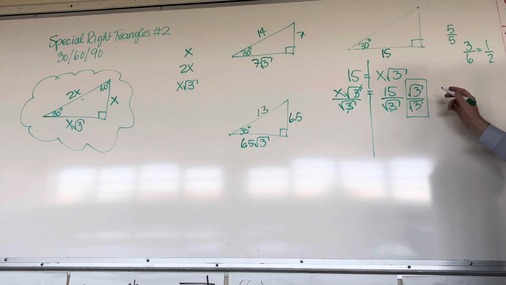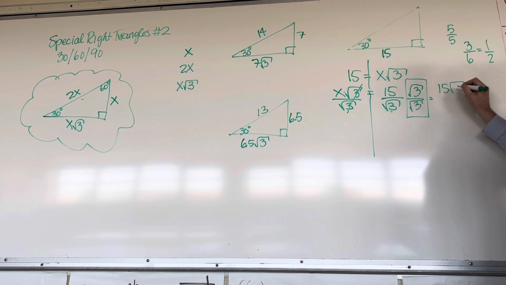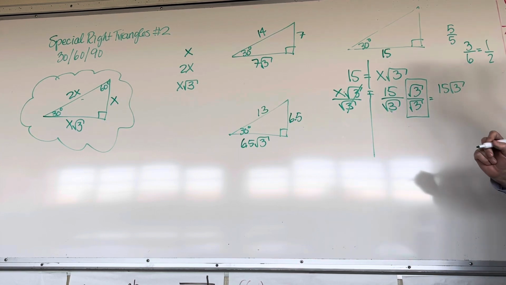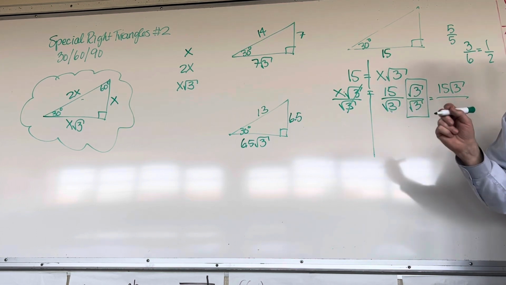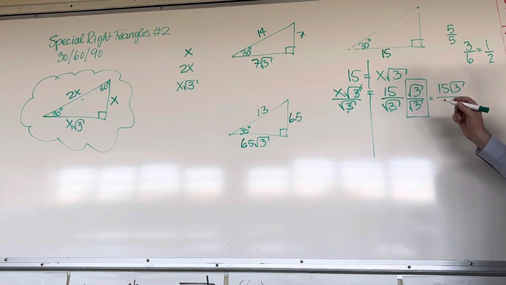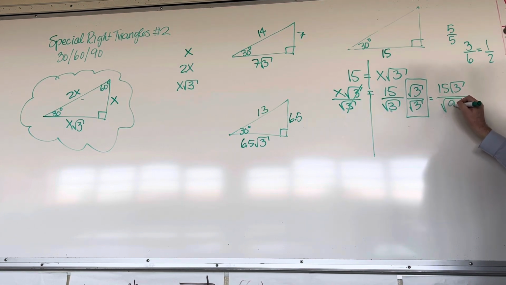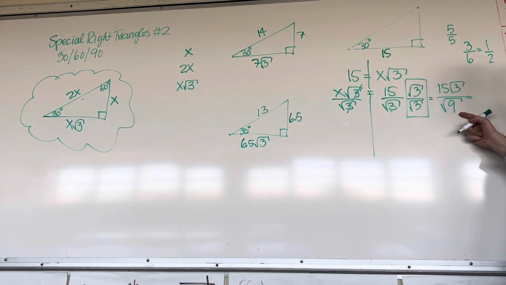So in this case, 15 times square root of 3, they cannot be combined, so they just sit next to each other with a times between it. Square root of 3 times square root of 3, the 3 times 3 becomes 9, and the square root's still there, so it's square root of 9. What is the square root of 9? 3.